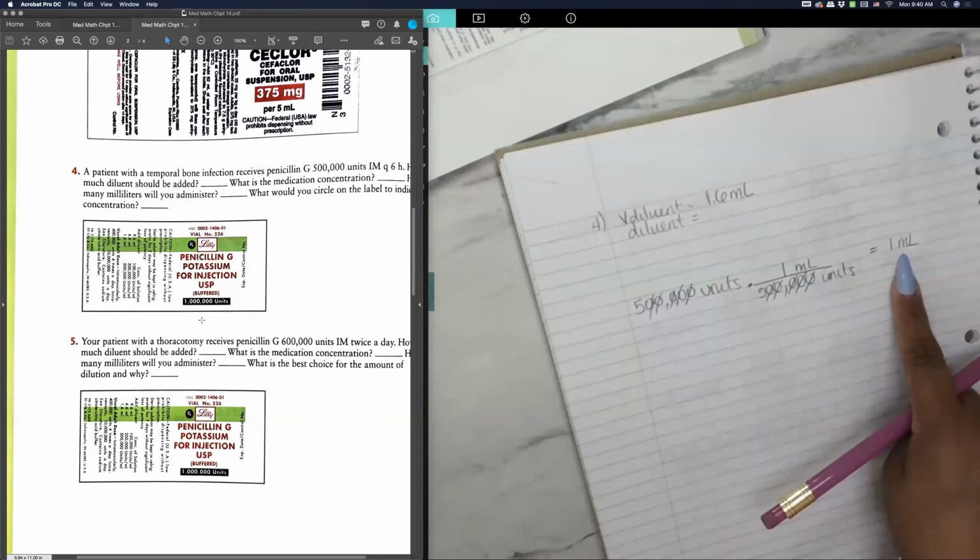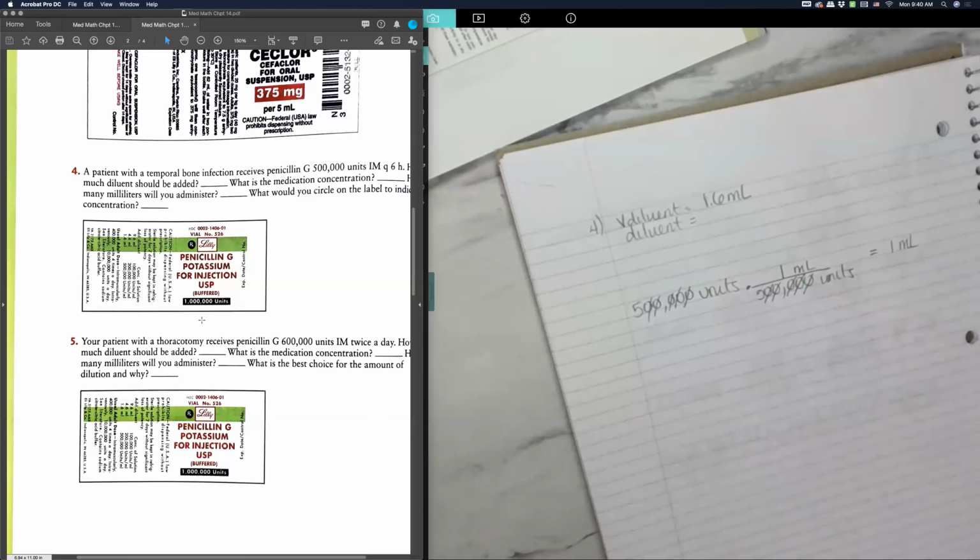I'm going to administer 1 milliliter. And what would you circle on the label to indicate concentration? You would circle the line where it says 1.6 milliliters of diluent added gives you a 500,000 units per milliliter concentration. You would circle that line.